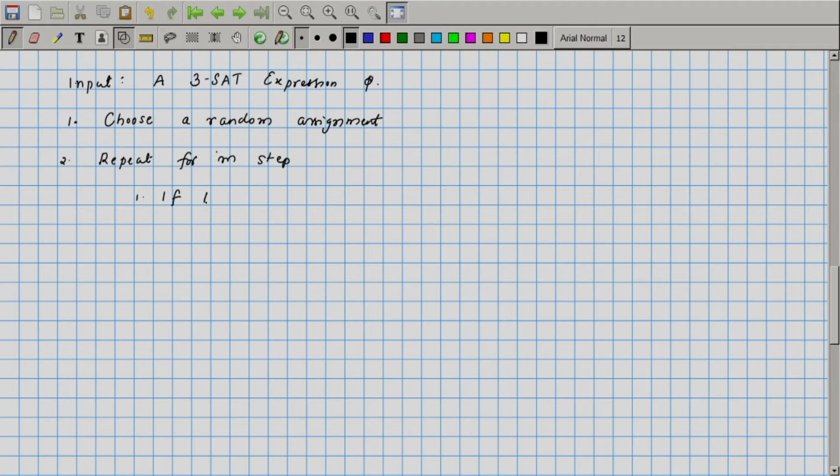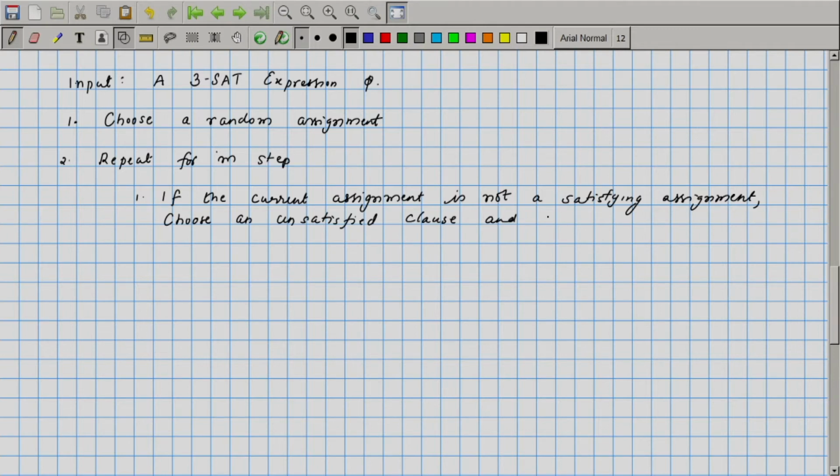If the current assignment is not a satisfying assignment, choose an unsatisfied clause and flip a randomly chosen variable in that clause.